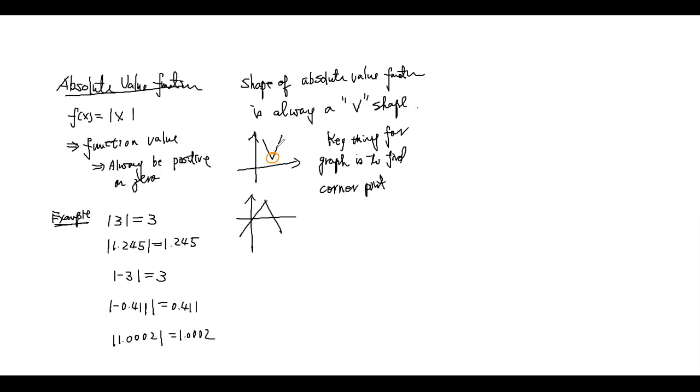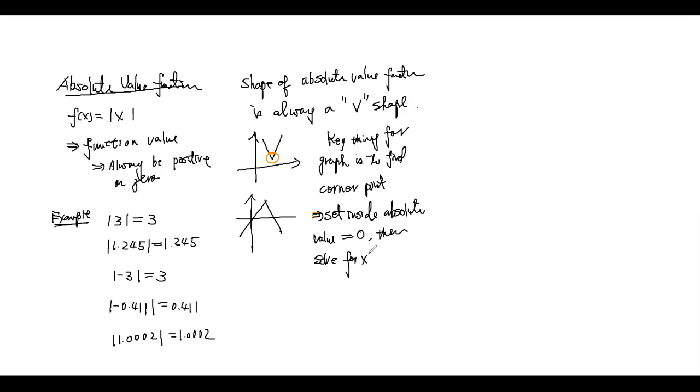Then you can find a point on the right and a point on the left, because they are symmetric. So how do you find the corner point? Set the inside of the absolute value equal to 0, then solve for x.